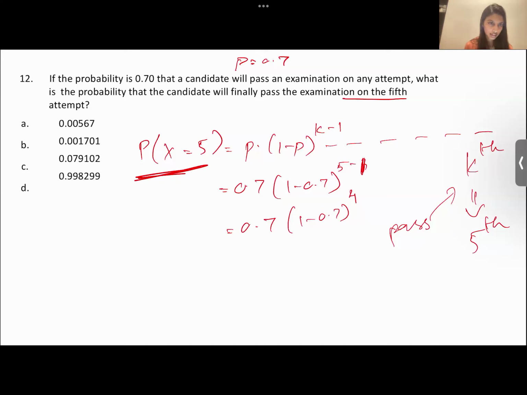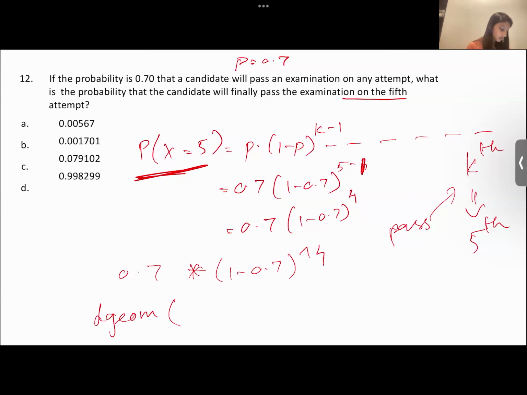You can just directly solve this with R as well. You can just do 0.7 into 1 minus 0.7 to the power 4. Or you could also write dgeom. Let me just have a quick check.